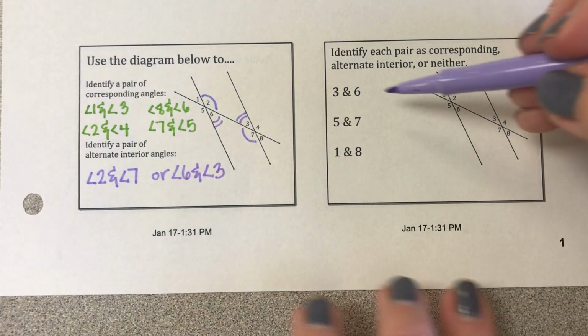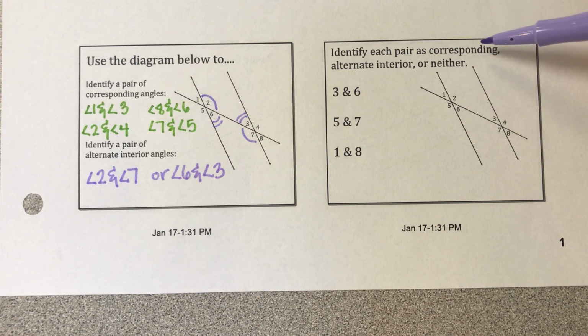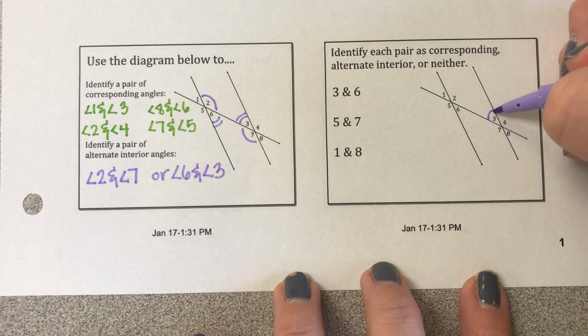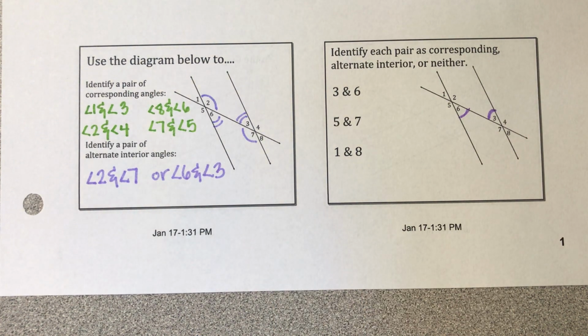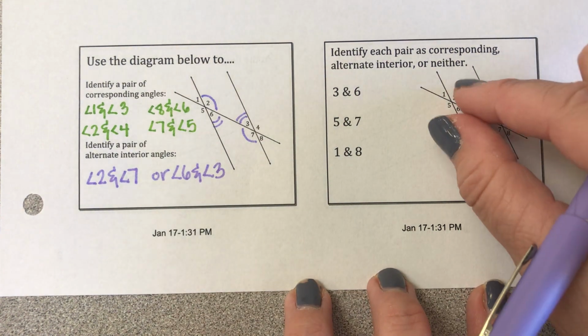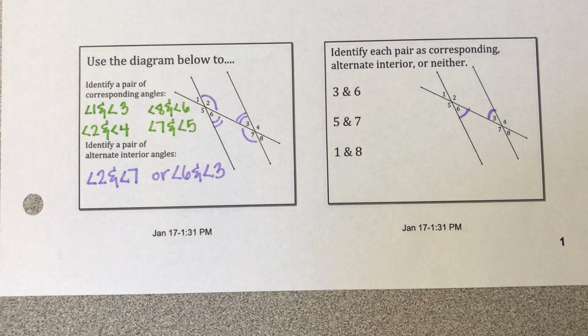Okay, so then let's look over here. It says identify each pair as corresponding, alternate interior, or neither. So angle 3 and angle 6, what are they? Are they corresponding? If I were to take these 4 and plop them on top, are they in the same position? No, so they're not corresponding.